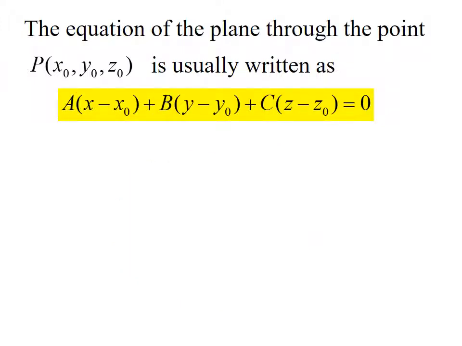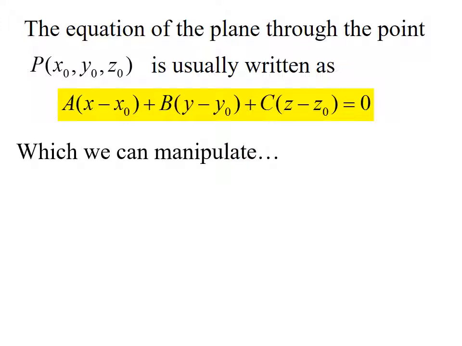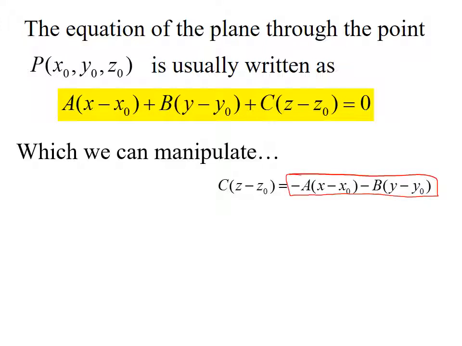Now we're going to change this equation up a little bit. So we will solve for the z minus z0. So you can see we have subtracted these terms from both sides, so we got it over on the right hand side.